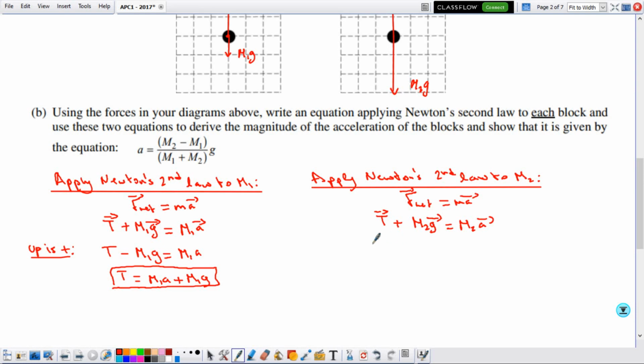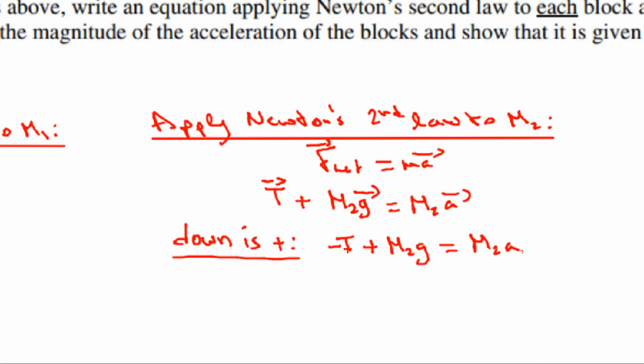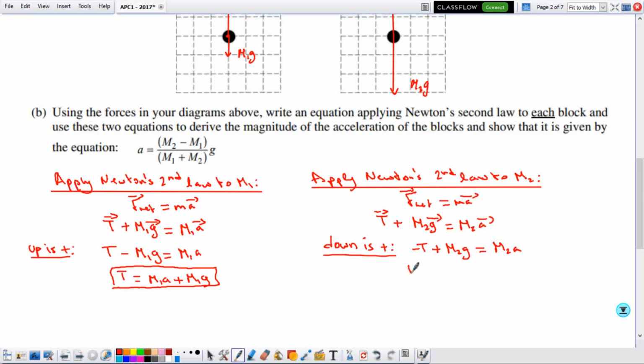Now this is a vector equation that gives birth to two linear equations. We are only interested in the vertical. Let's take down is positive. Then that would be minus T plus M2G is M2A, and solving for the tension, dragging this to the right hand side and this to the left hand side, we would have that the tension is M2G minus M2A.